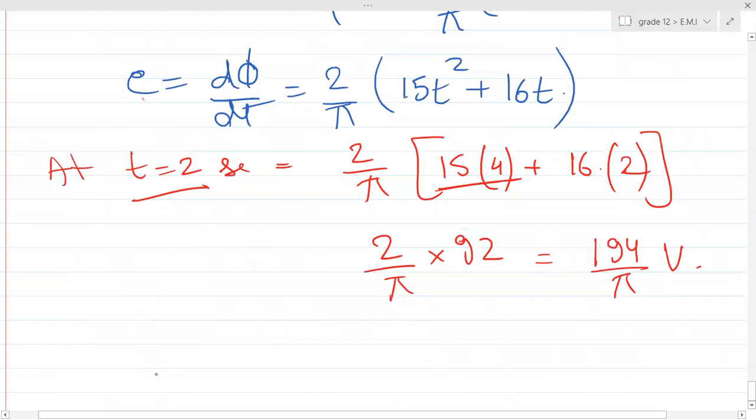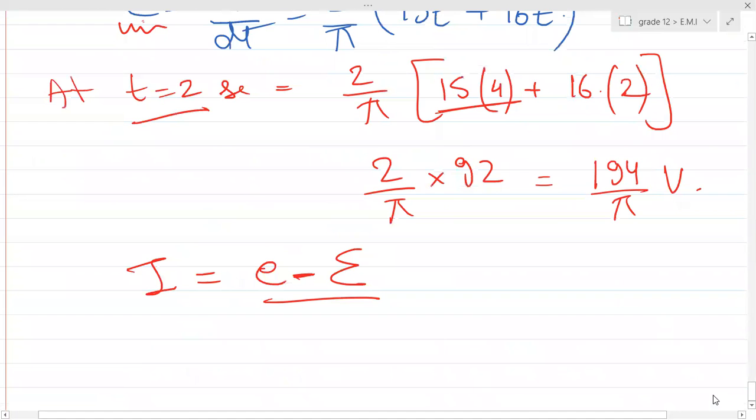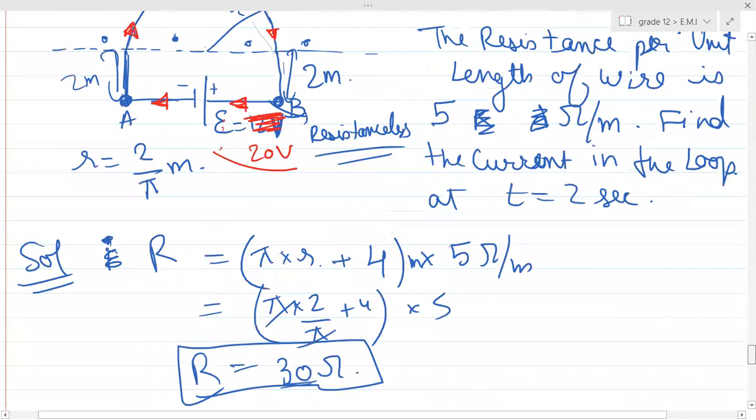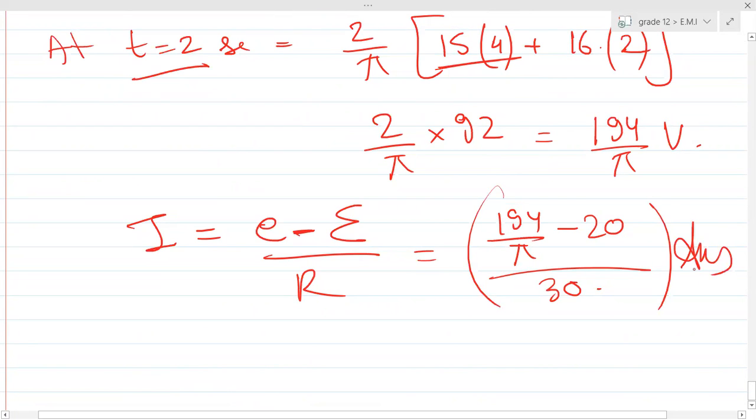So when both are opposite, the net current inside here will be this E minus that E, divided by r. It will be 184 by pi minus 20, divided by 30, and this is the answer. Clear, guys?